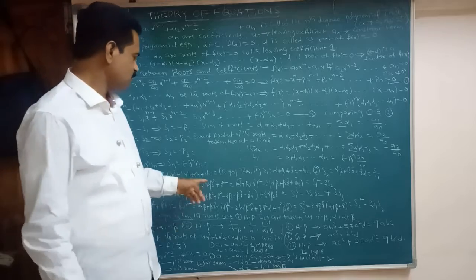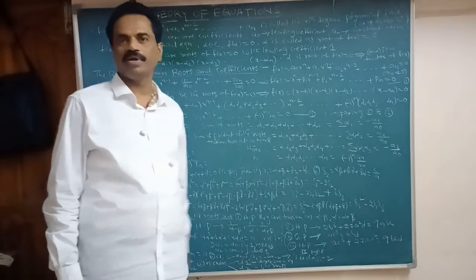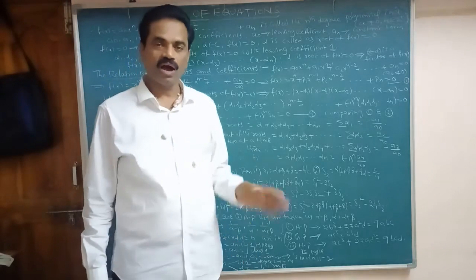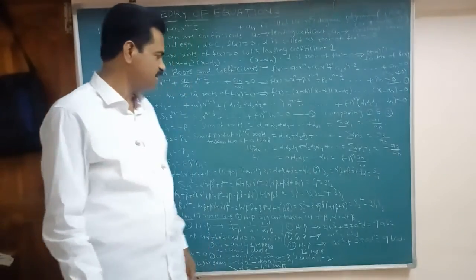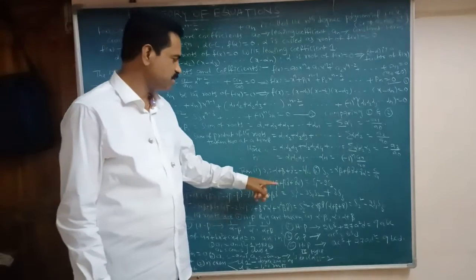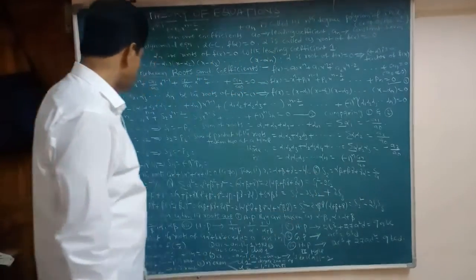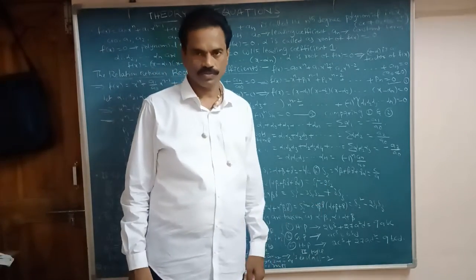We know that S1 is alpha plus beta plus gamma, which is minus b by a. Substitute S1 here, and alpha beta plus beta gamma plus gamma alpha is S2, substitute here. So summation alpha square is nothing but S1 square minus 2S2.